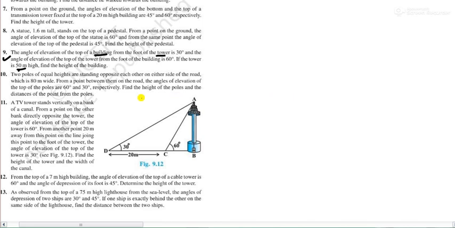So see, there is a building and a tower. Imagine this is the building, and this is its top. Let me write it as B, for building. Read the angle of elevation of the top of the building from the foot of the tower. There is a building over there and a tower over here. This is the top of the tower and this is the foot.